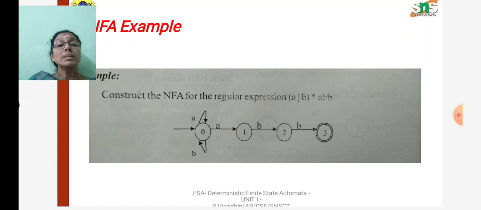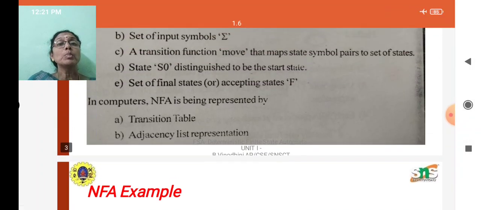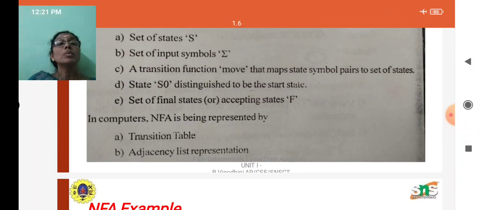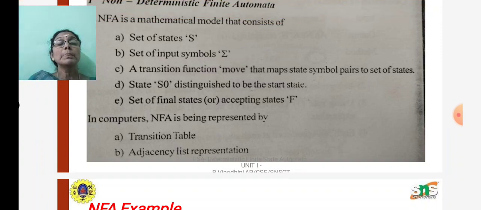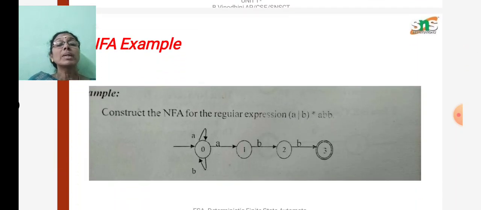So what does non-deterministic finite automata mean? For a single input symbol there is a move to a set of states, not a single state. For example, consider the input symbol a from the starting state 0.